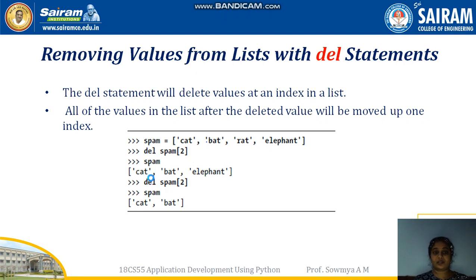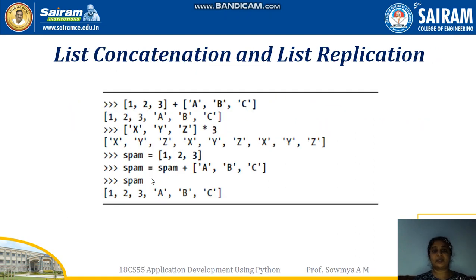So the next one is list concatenation and replication. For list concatenation, we use the plus symbol to concatenate two lists, or to add one list to the next list. If you have one list and you want to add one more complete list to it, we use the plus symbol to concatenate.